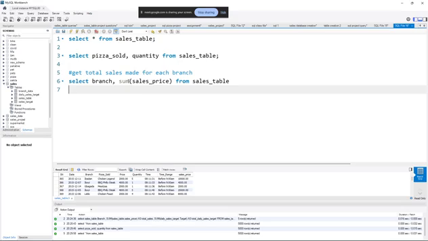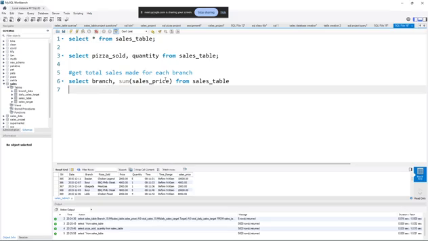If you look at the way they are formatted, this gray color, you have to use a group by clause anytime you are using an aggregate function. For any aggregate function you use, you must use a group by.